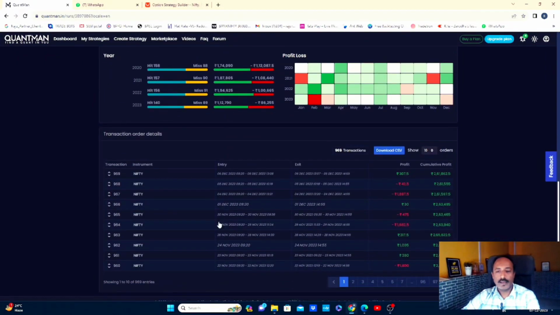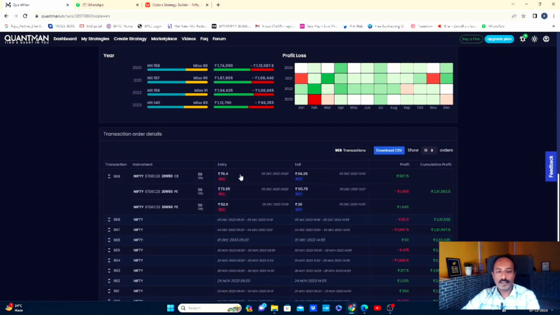Let us understand in detail how it has been trading in recent days. So these are all on 6th December. Yesterday it sold, see, 76 rupees, 76 rupees. It sold at the money call and put. See here, the put stop loss was hit, and again it has sold a put at 850. It came to 850, right?